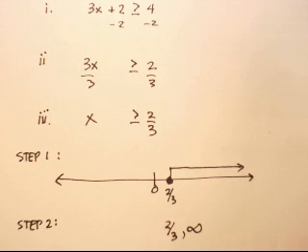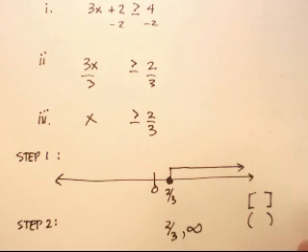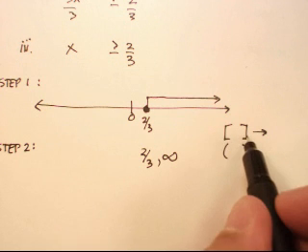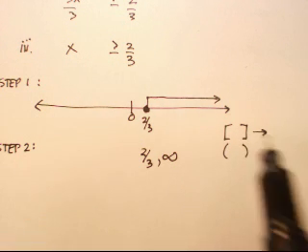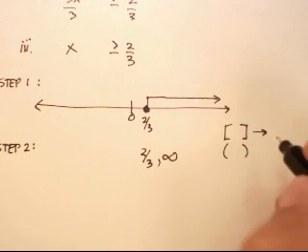Now what we're going to do is we're going to use either brackets or parentheses to finish off our answer. Now what do we use brackets and parentheses for? You're going to use a bracket on either the left or the right side if your number line ends or equals that point. Now what do I mean by that?